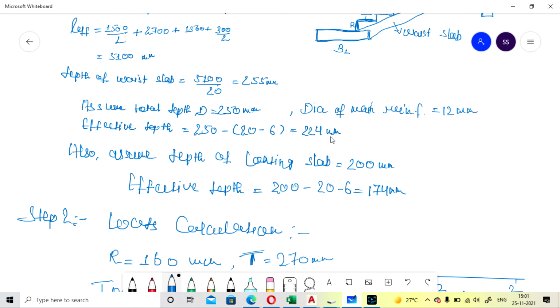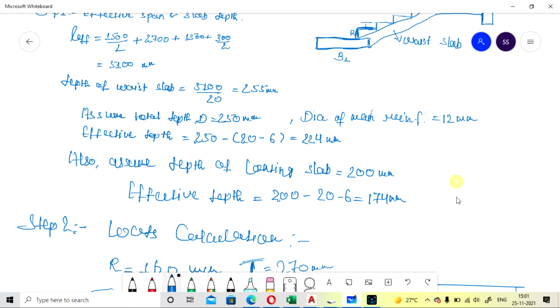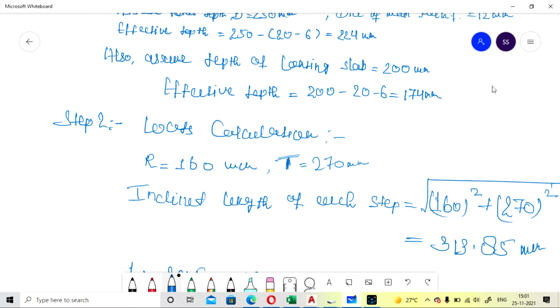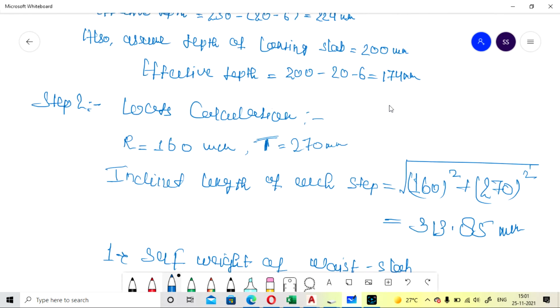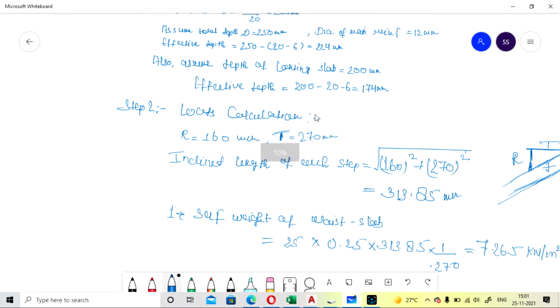You can take it equal to the base slab, or go with 200 mm. So effective depth will be calculated as 200 minus clear cover minus dia by 2, that is 174 mm. Now if anything is not safe in deflection, we can check and change the depth again.